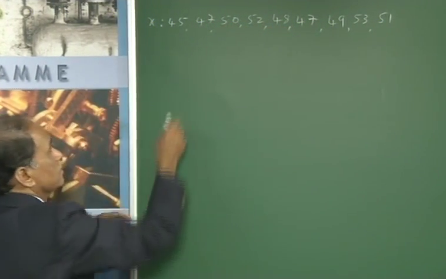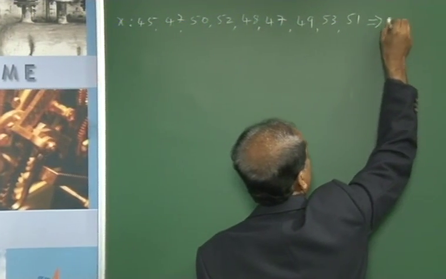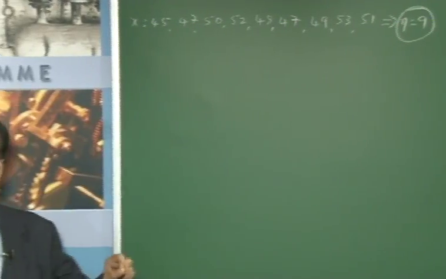These are the values, that is, x takes all these values, and n is equal to 9. This is first to be documented.